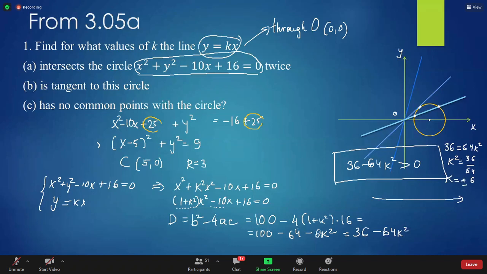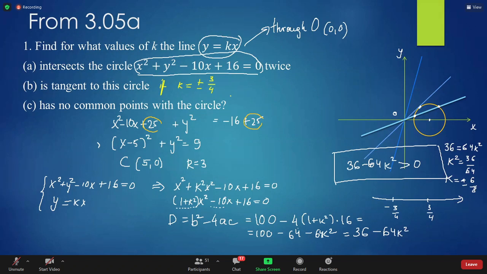So minus 3 over 4 and plus 3 over 4. This is where the discriminant is 0. So in fact, we already have one answer: k is positive or negative 3 over 4. The discriminant is 0 when k is plus or minus 3/4.